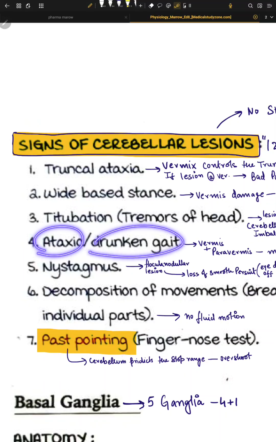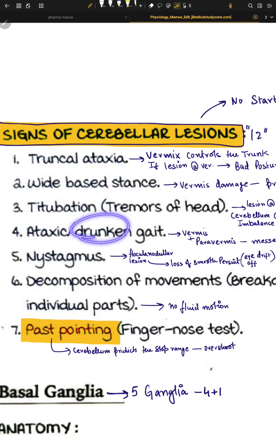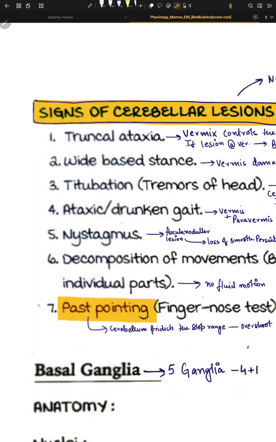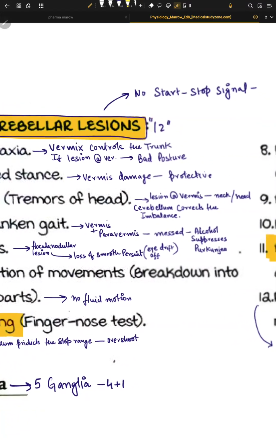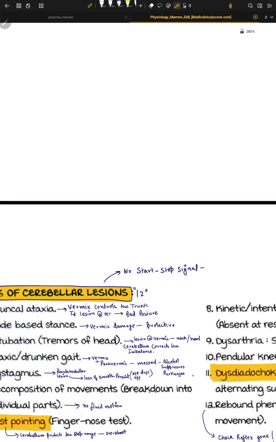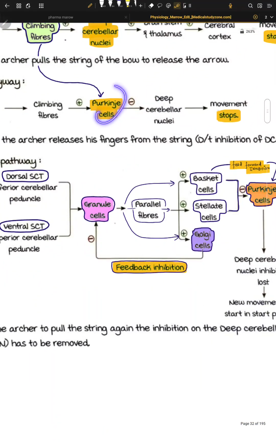What about ataxic drunken gait? Well, drunken gait, always remember, drunken gait is because of cerebellum, because drunken gait is when vermis and paravermis is damaged, and then you have messed up gait. Okay, because you can't balance yourself. So messed up, it happens because alcohol suppresses Purkinje fibers. Okay, because we know that Purkinje fibers inhibit this deep cerebellar nucleus.